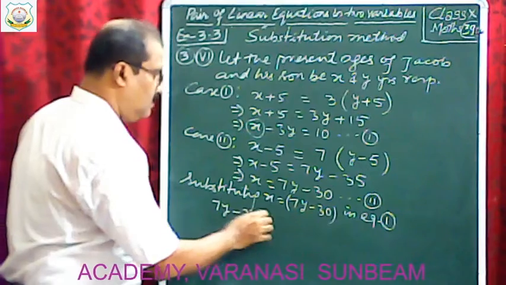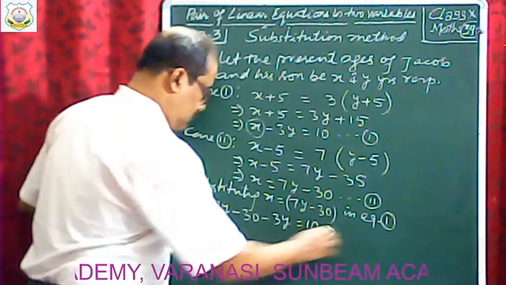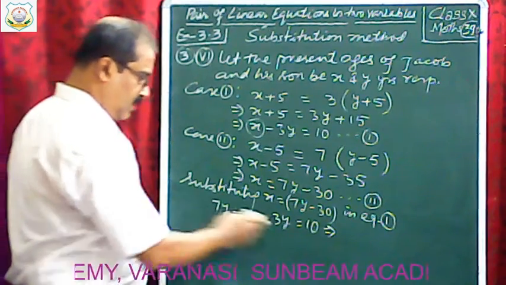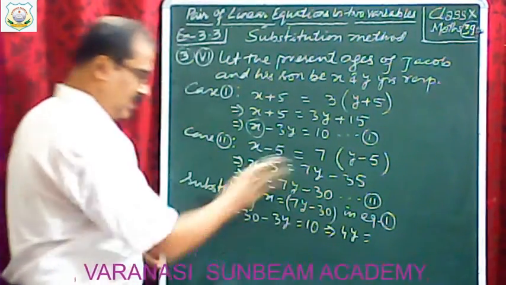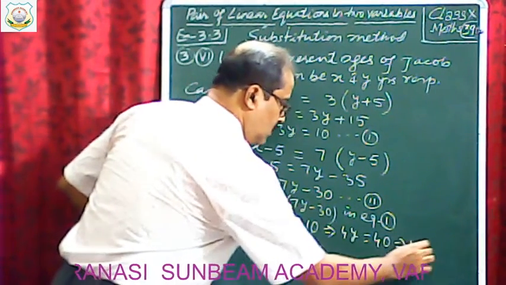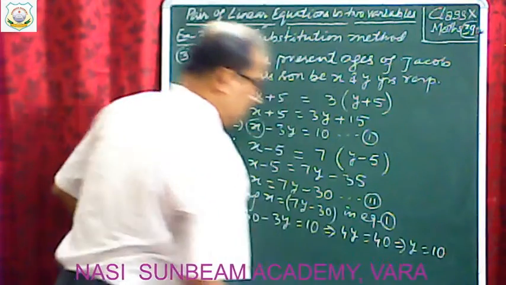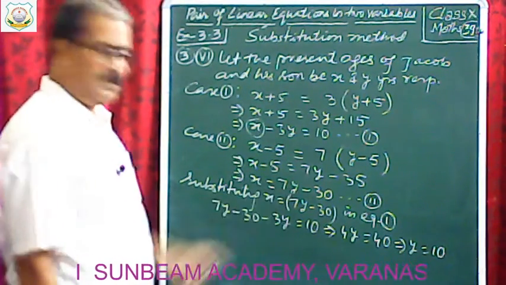Here, 7y minus 30 minus 3y equal to 10, which implies that 7y minus 3y, 4y equal to, transposing minus 30, you get 40, so y equal to 10. Now thereafter putting y equal to 10 in the second equation.